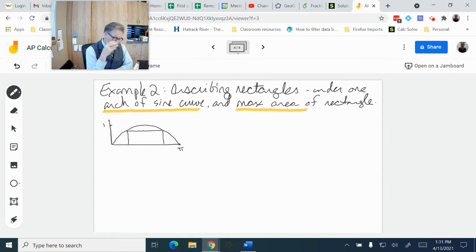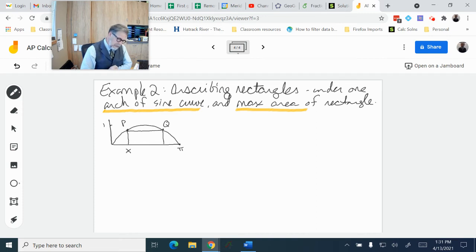Introduce a variable to represent the parts of the problem. Well, I'm going to call this point P, and I'm going to call this point Q. And I'm going to call this distance x.